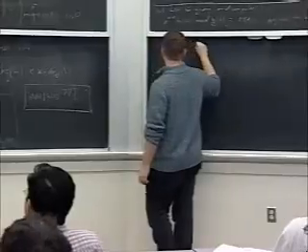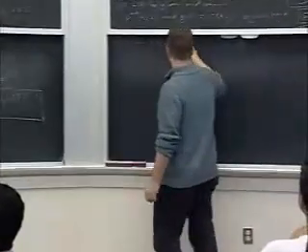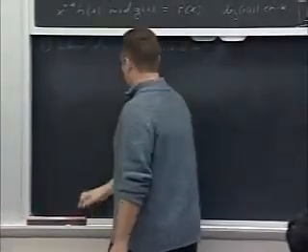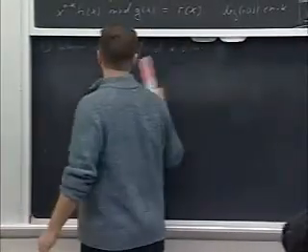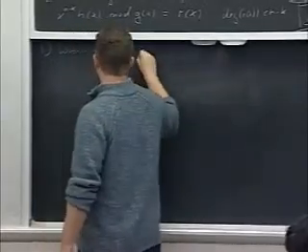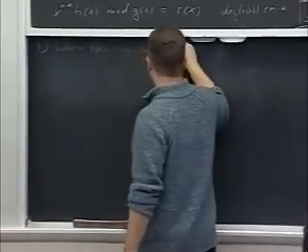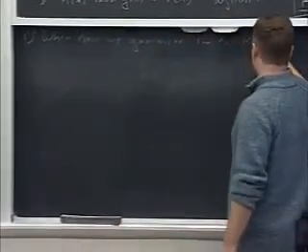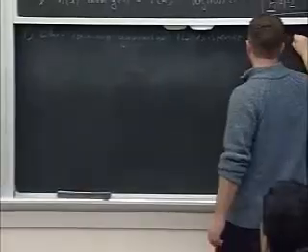When do we find a solution? When are we guaranteed to find, when can we guarantee the existence of a solution?